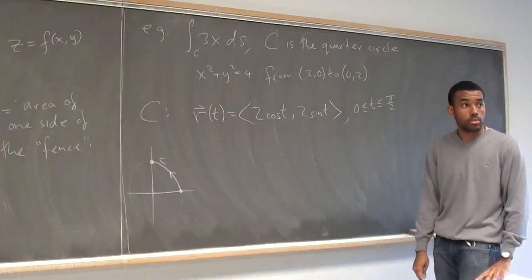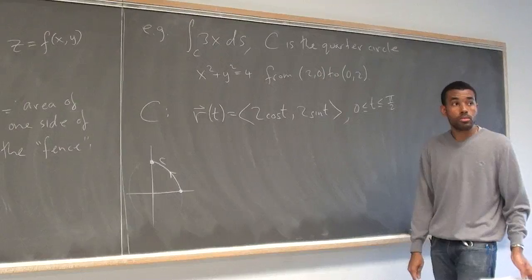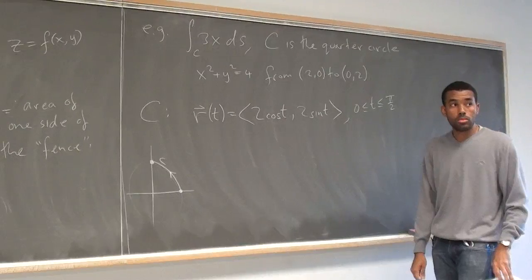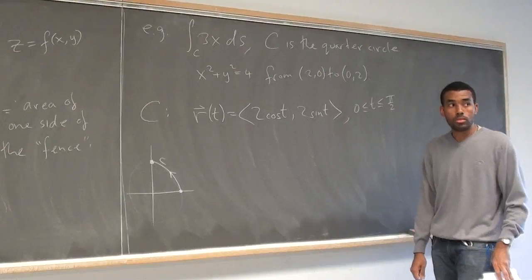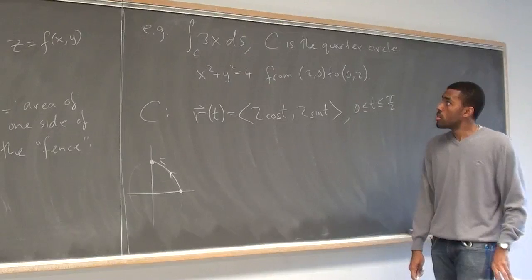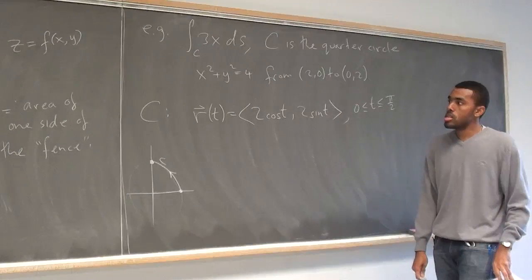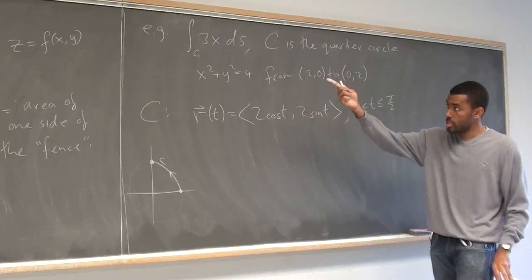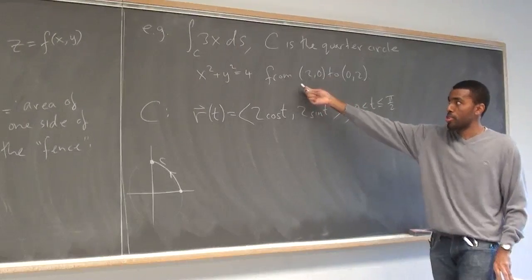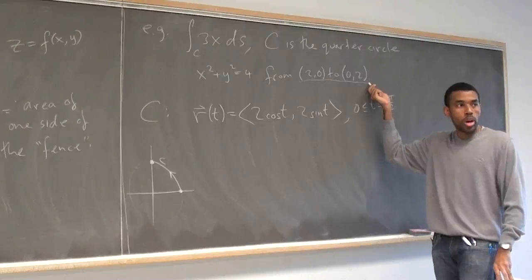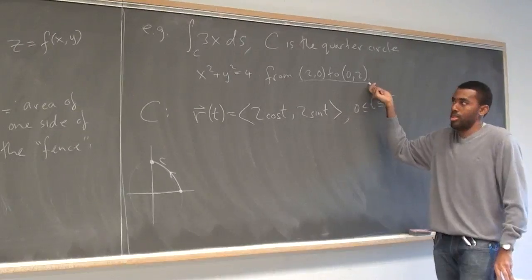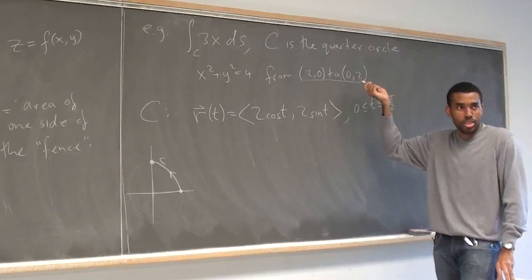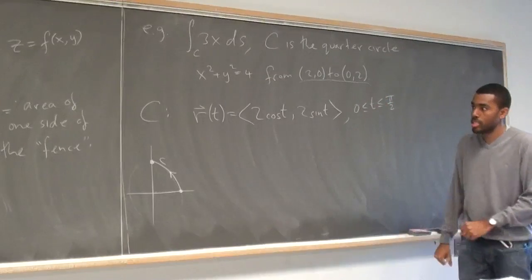Because it's a circle, would it really matter? Couldn't we just take a quarter of a circle, like pi over 2 to pi, and still get the same answer? Not always. It depends on the function you're doing. In this case, you probably get the same answer, but it's very important that you look at where I'm saying. You don't just take any part of the curve. You have to take the part of the curve that they're talking about. Things can actually be different.